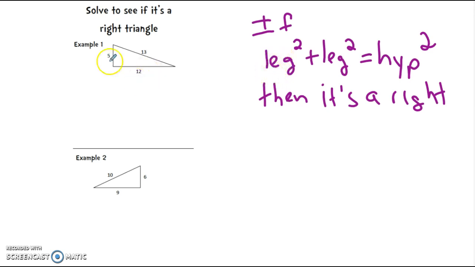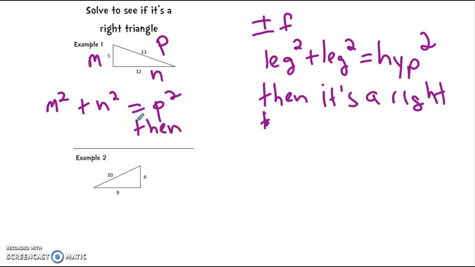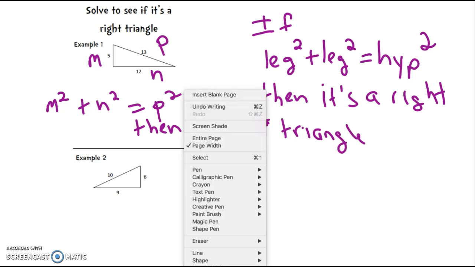So we'll call this side M, and we'll call this side N. We'll call this side P. So if m squared, don't write this down, plus n squared equals p squared, then it's a right triangle. Because the Pythagorean theorem only works for the right triangle. So let me get an eraser.